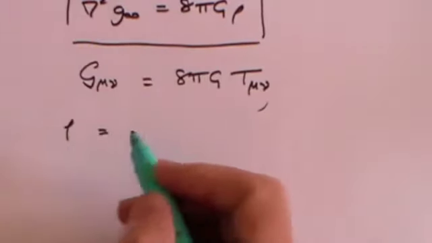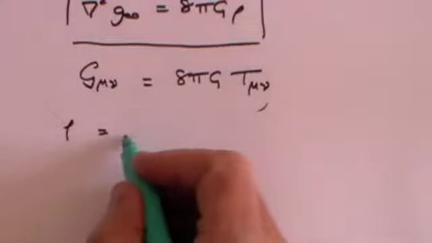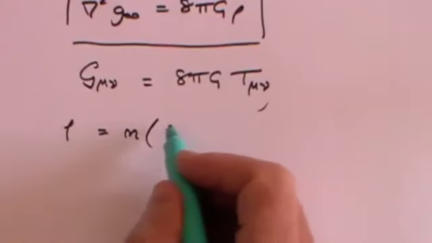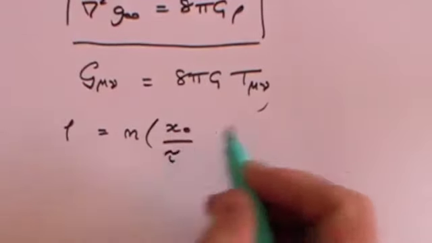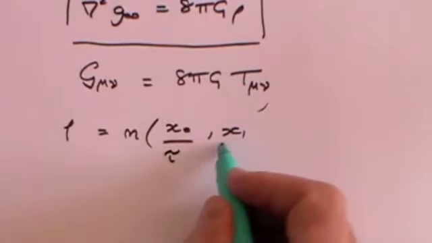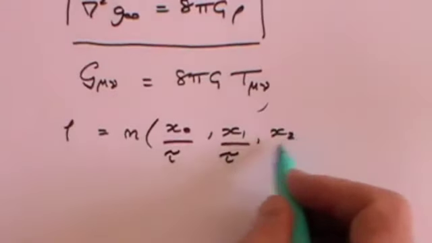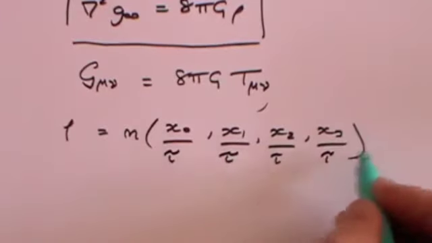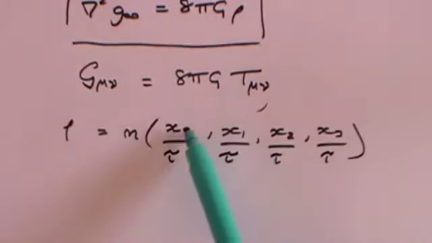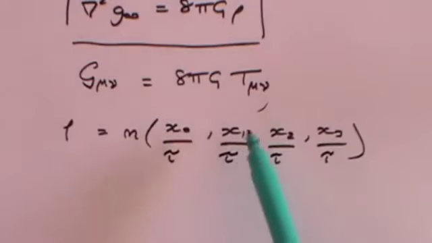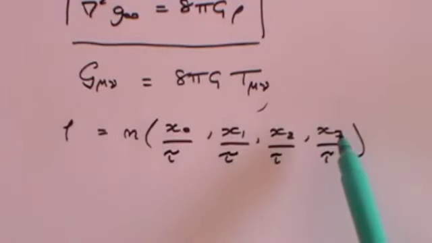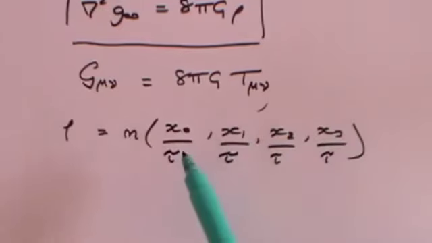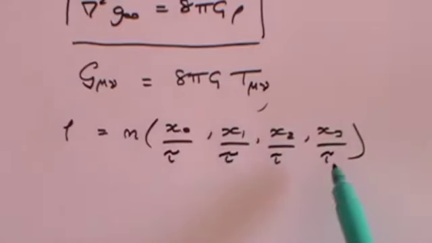And you'll find that we define that momentum 4 vector as being mass multiplied by x0 over tau, x1 over tau, x2 over tau, and x3 over tau. And this is simply the time component, the x component, the y component, and the z component in the 4 dimensions of space-time, divided by tau, the proper time, the time that everybody agrees.